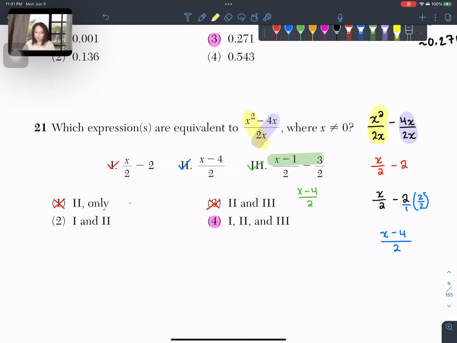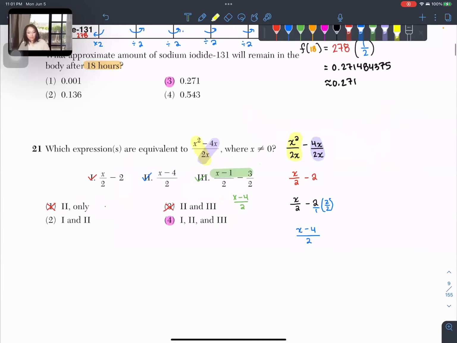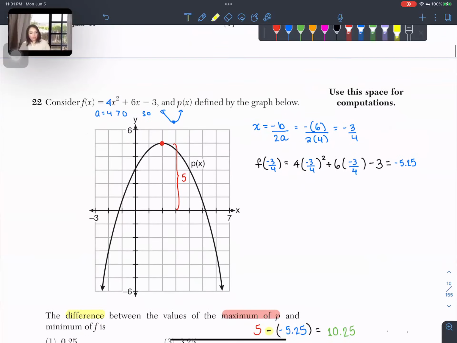Okay. And so choice 1 is correct. Choice 2 is correct. And choice 3 is also correct if you combine like terms. So choice 4.